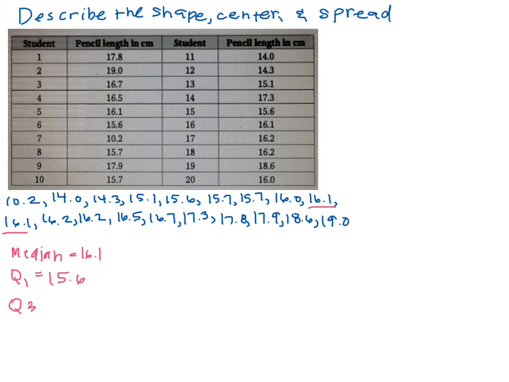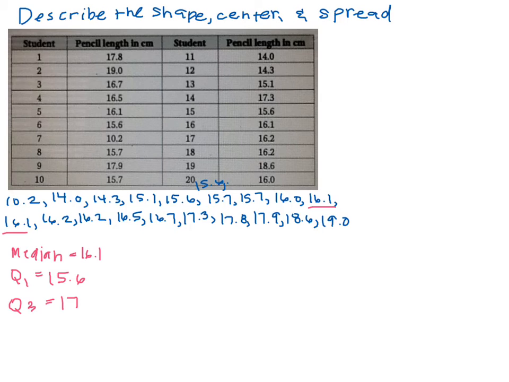And my third quartile is 17. And I forgot to add one of these little 15.6s right there. So there should be another 15.6 after the first 15.6. Okay, we found the first and third quartile.